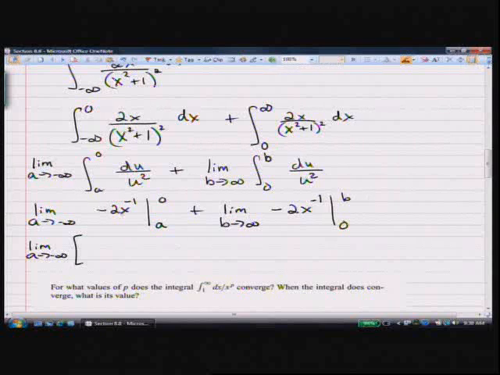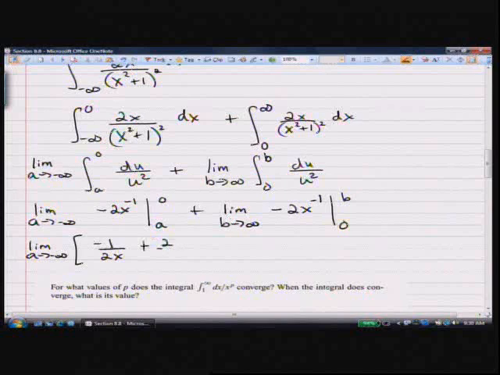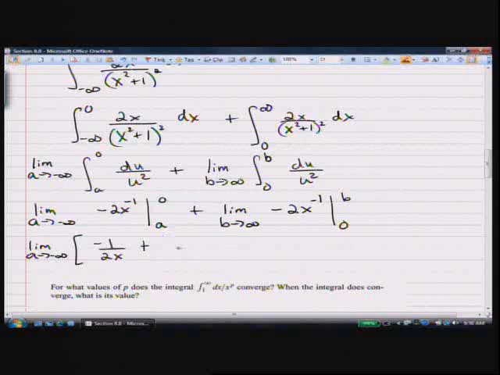This is going to be infinite. You can write it as negative 1 over 2x, or so this will be plus 1 over 2a.